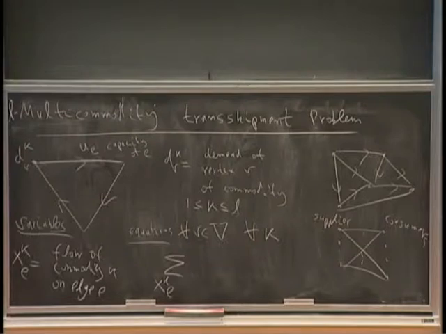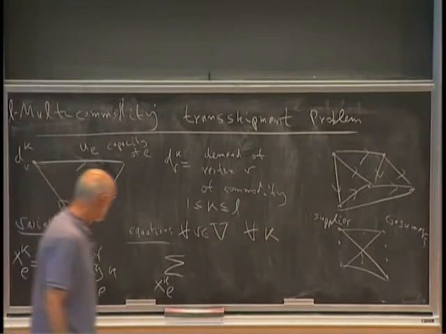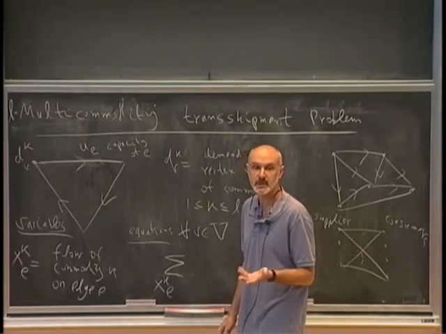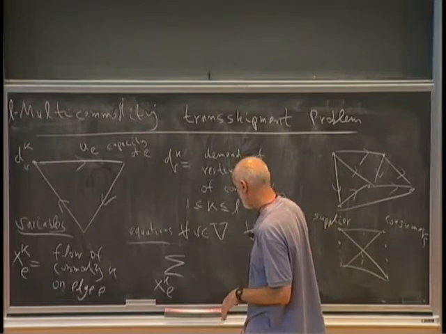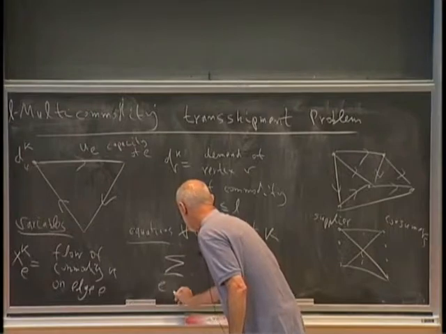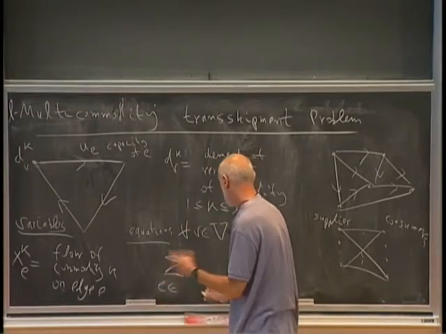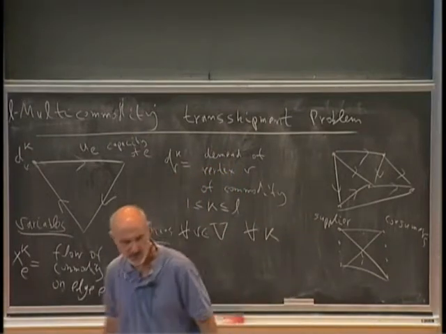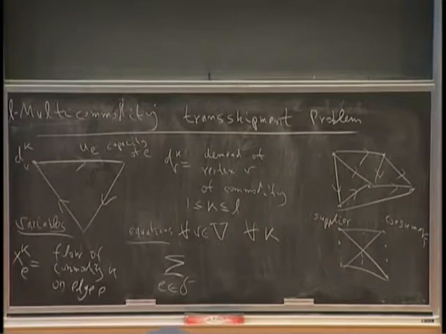And so a multi-commodity transshipment is an assignment of non-negative integer values to these variables, so that for every vertex, the demand is met. For every vertex and every commodity, we have to sum over edges.